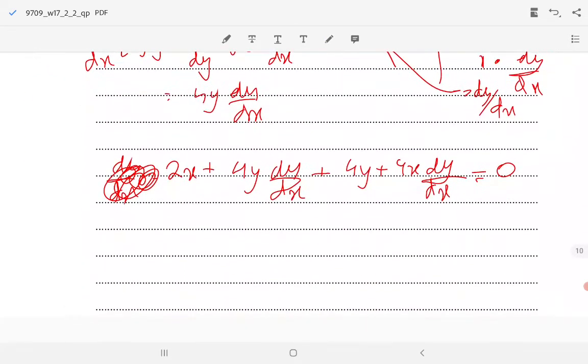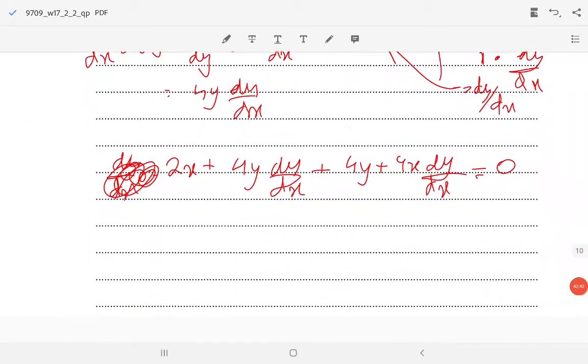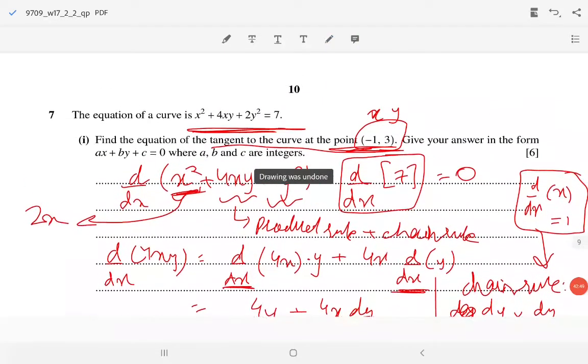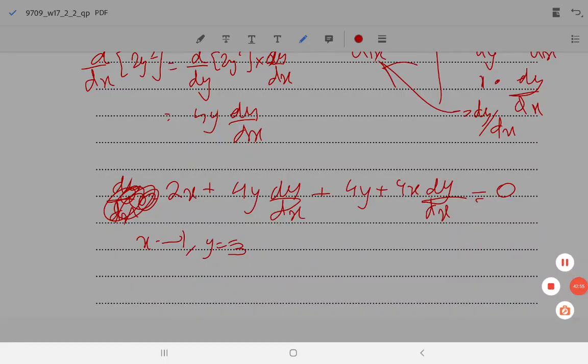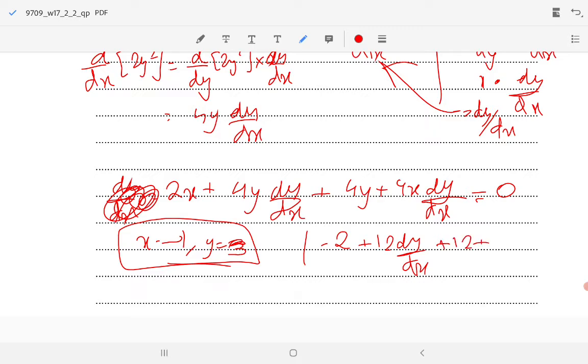After we substitute x equals -1 and y equals 3, we get -2 plus 12 dy dx plus 12 minus 4 dy dx equals 0.